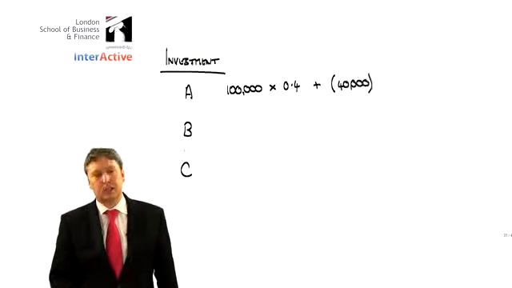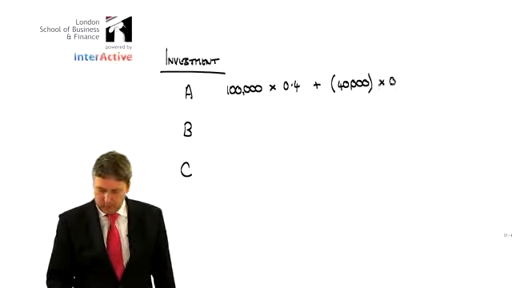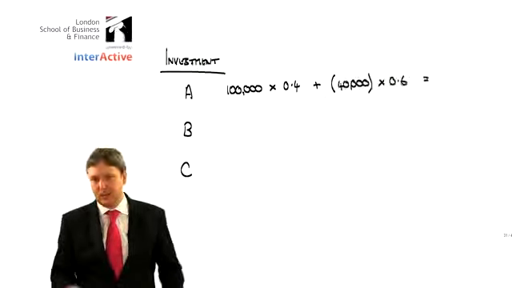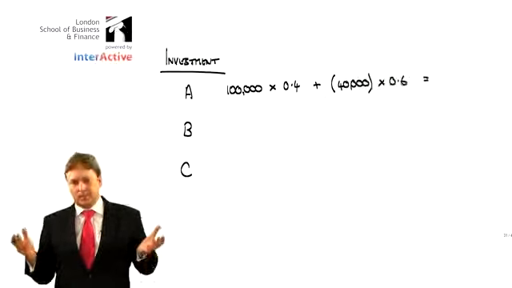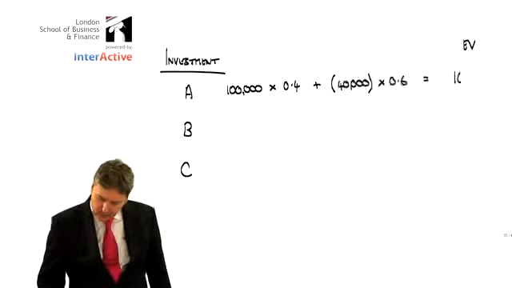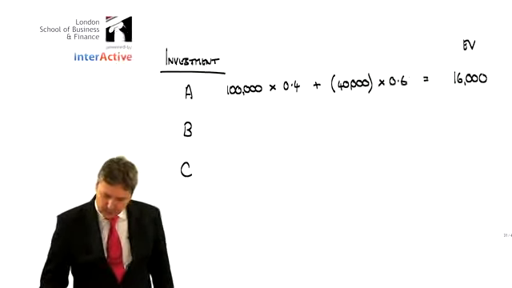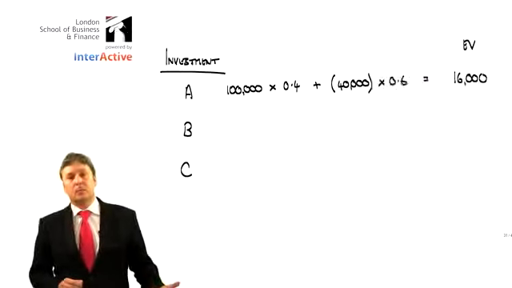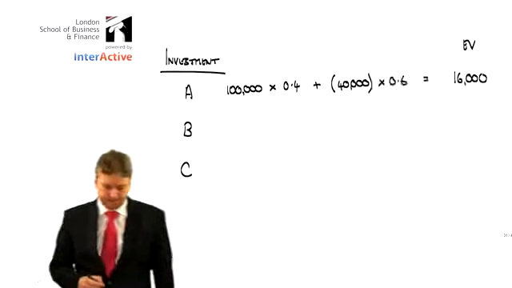Remember, it was a loss, if you wish, multiplied by 0.6, the other element. Probabilities must sum to 1. And we end up with an expected value of 16,000: 40,000 minus 24,000.